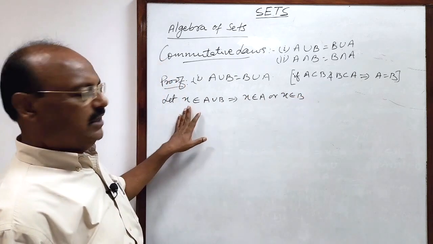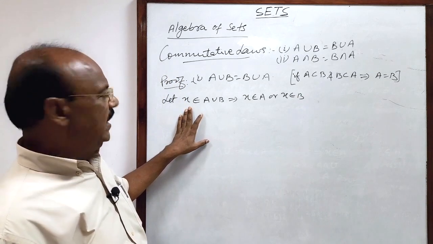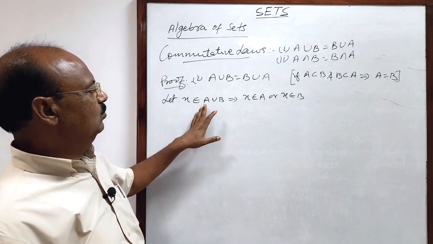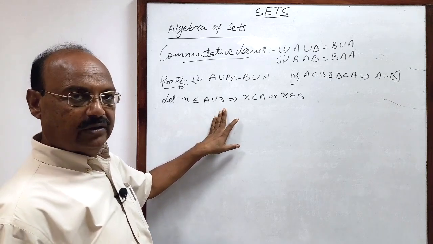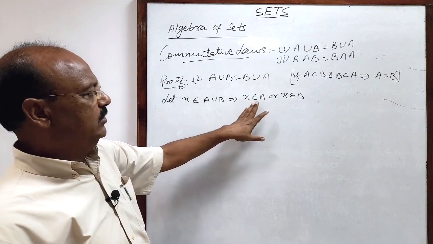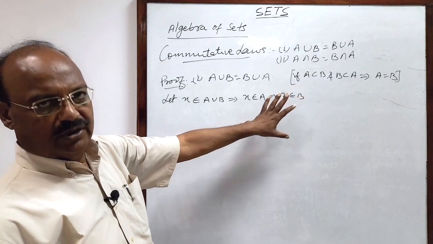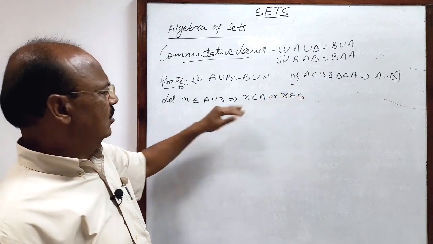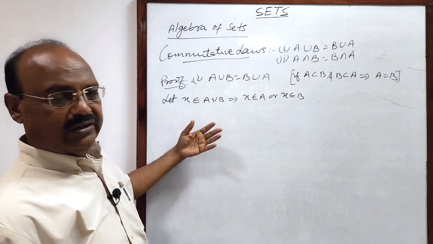Because X is in the union of two sets. There may be a possibility that X belongs to both the sets A and B, maybe. But if not, even then at least X belongs to either set A or set B. That is confirmed. But it is not necessary that it belongs to both the sets, that is common, not necessarily.